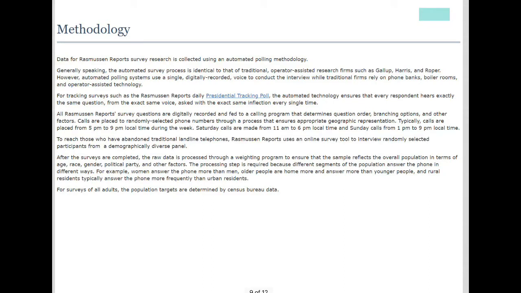So if you look right here, calls are placed to randomly selected phone numbers through a process that ensures appropriate geographic representation. So they're letting us know they used random sampling, which is they're calling it randomly selected, and they made sure they had the appropriate geographic representation. So they're making sure that their sample data looks like their population data.